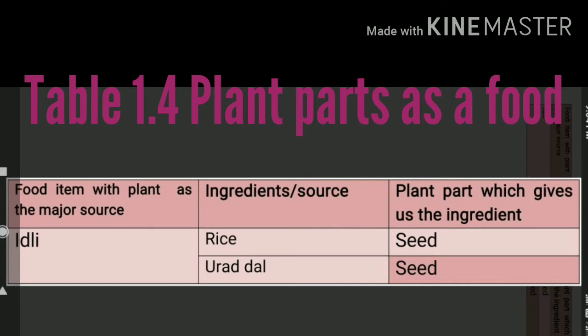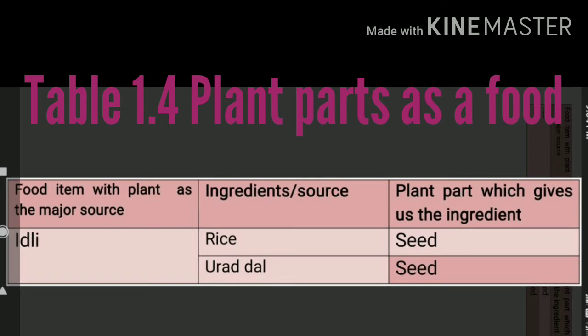Your mother, your grandmother or your elders use those ingredients, rice and urad dal, when they prepare idli. We know rice is an ingredient used to prepare idli. Rice we get from the plant in the form of seed. Means seed as a plant part we use as an ingredient to prepare idli.